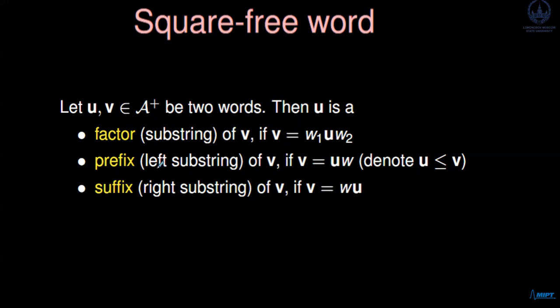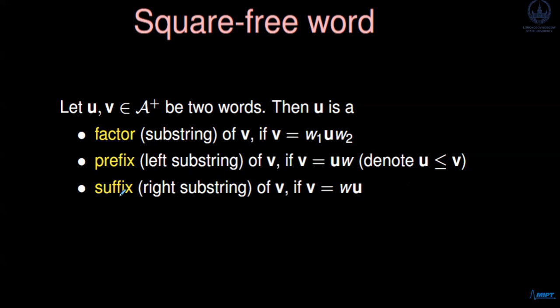Next, U is a prefix of V if V is equal to UW. This means that U forms the beginning or left part of V. We also have a notation for this. We use this symbol, which indicates that U is a prefix of V. Finally, U is a suffix of V if V is equal to WU.